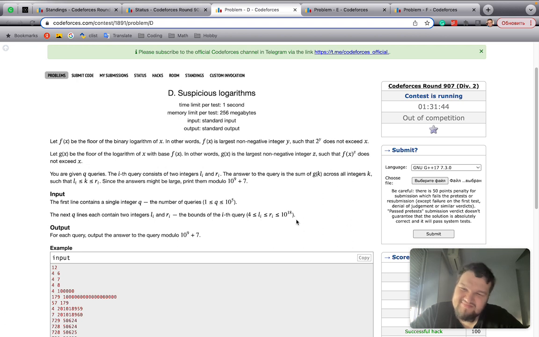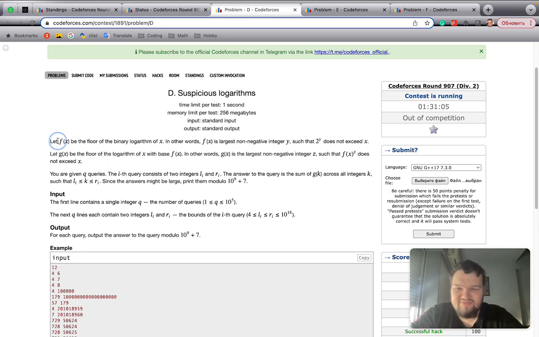Well, I would guess that function g of x is monotone, non-decreasing. Maybe it's not true, but it should be kind of close to being true. Maybe there are just a small number of segments with the same value.